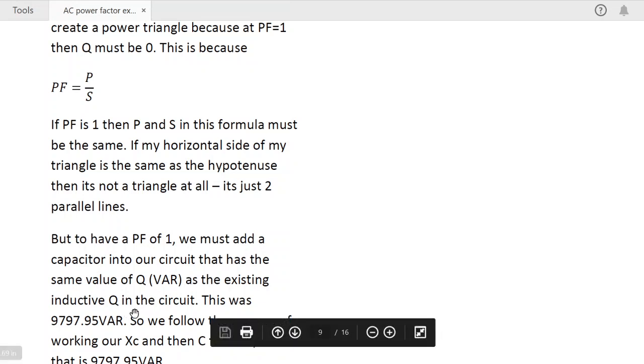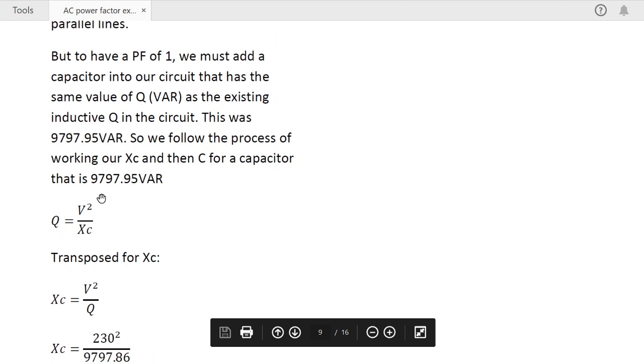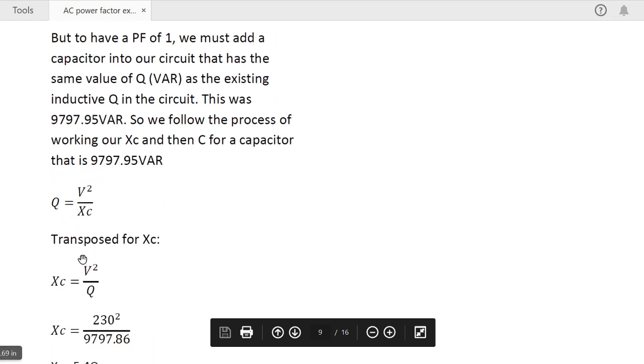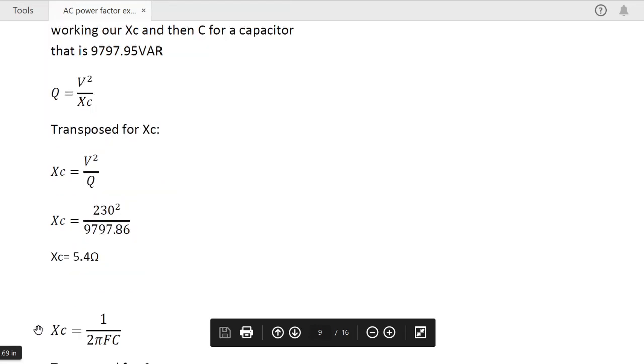So the original Q in the circuit was 9,797.95 VAR. So we follow the process of working out our XC and then C for a capacitor that is exactly equal to 9,797.95 VAR. Again, we use the same formula, transpose for XC, substitute in the values that we know, which gives us an XC value of 5.4 ohms.